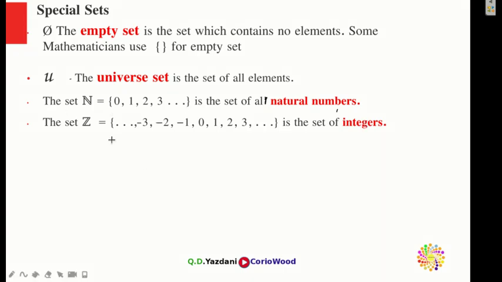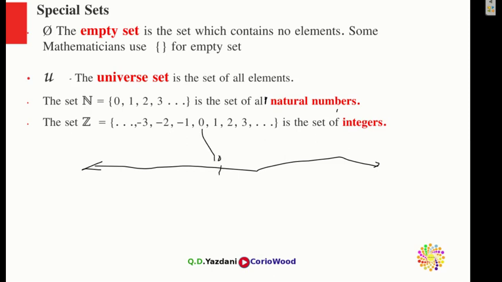Think of this as a big line where we have a 0 here, and here minus 1, negative 2, negative 3, and so on. And here we have a 1, a 2, a 3, a 4, 5, 6, 7, 8, 9, and so on.